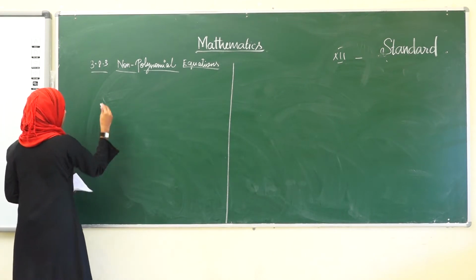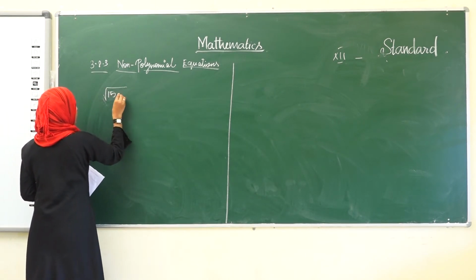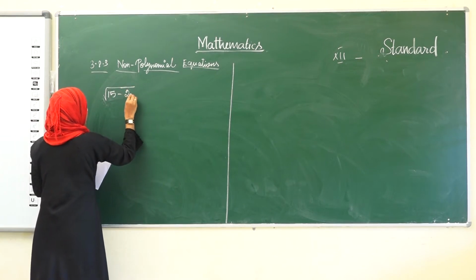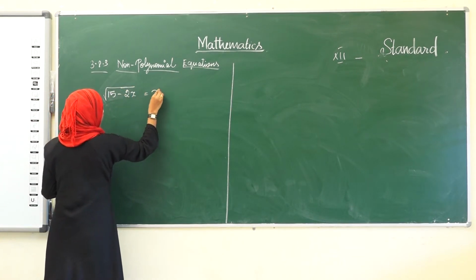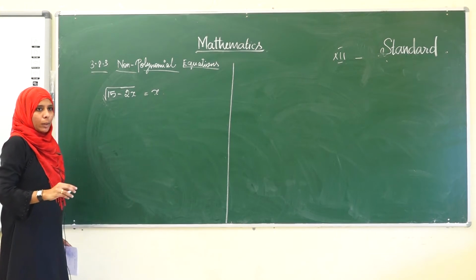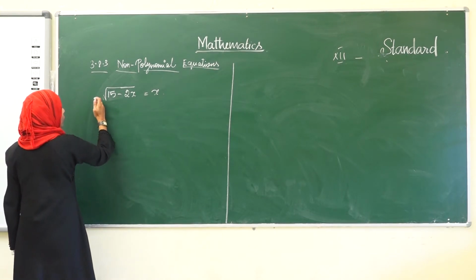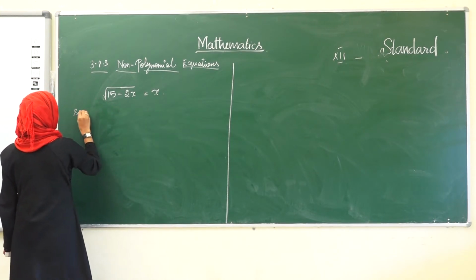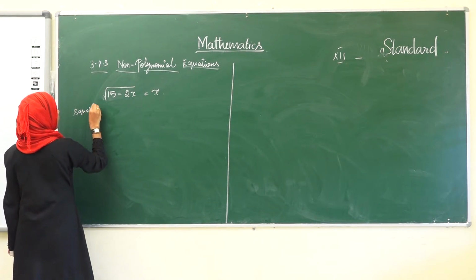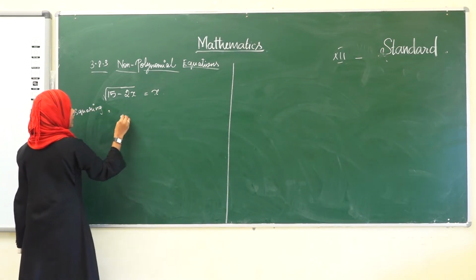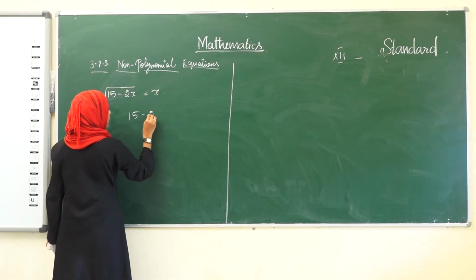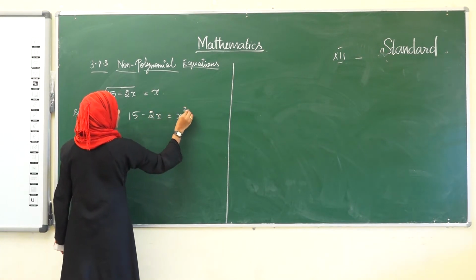Okay, for example, let us consider this. Root of 15 minus 2x is equal to x. Actually this is not a polynomial equation. Now we are going to square on both sides. On squaring both sides, what we get is 15 minus 2x is equal to x square.